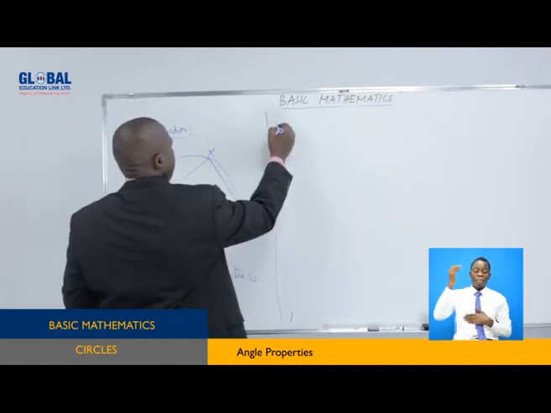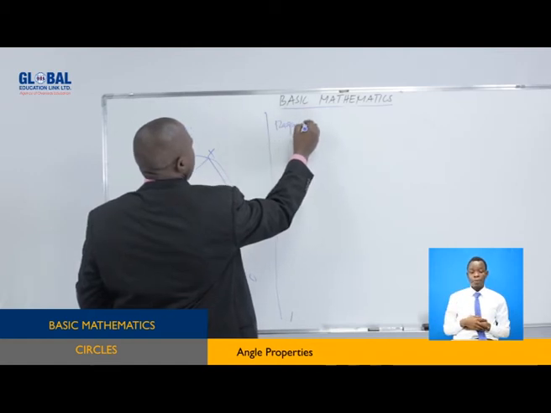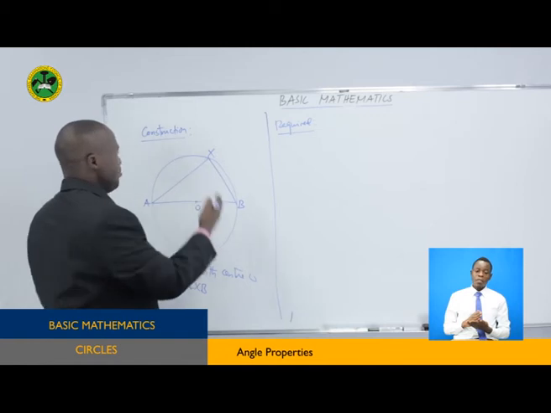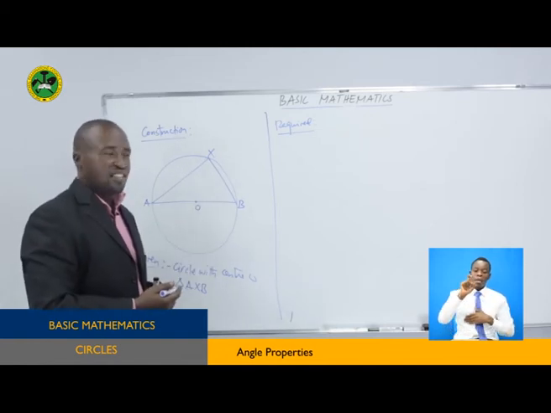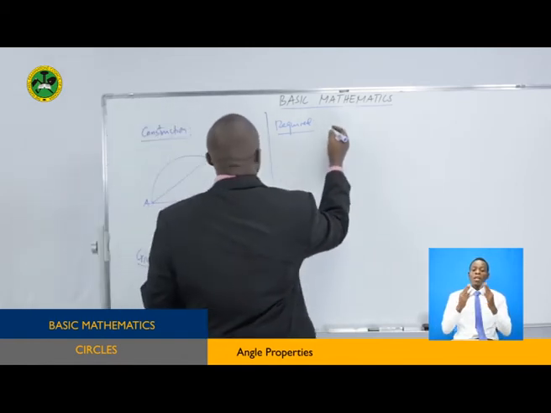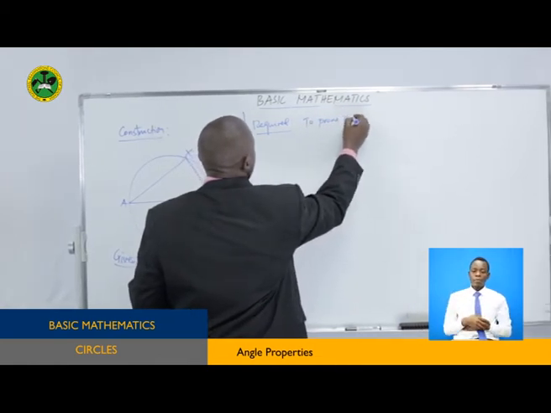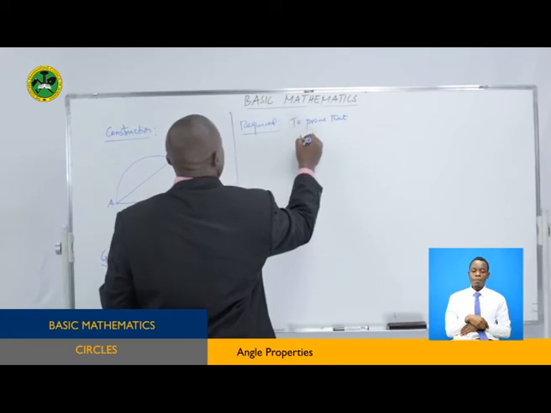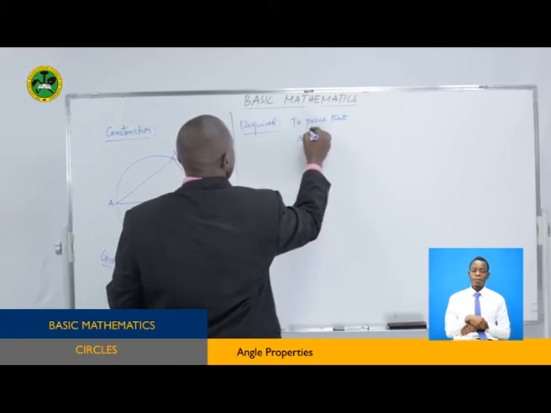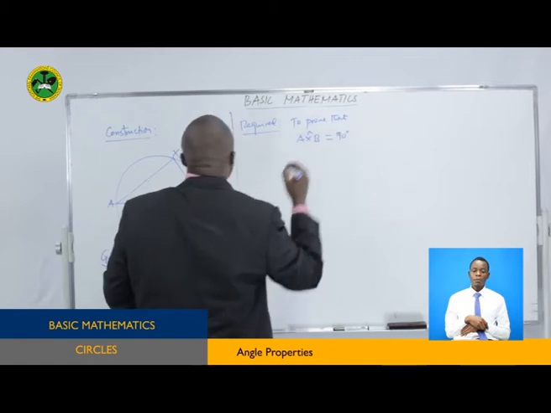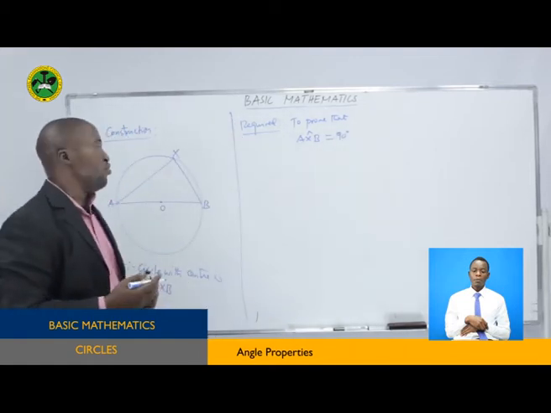Now remember, our intention is to prove that angle AXB is equal to 90 degrees. So in this case we say to prove that AXB is equal to 90 degrees. That is what we are supposed to prove.